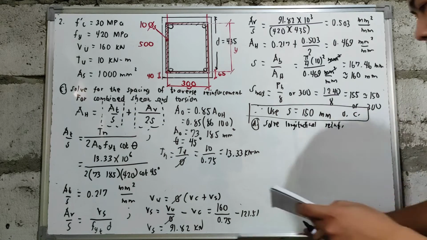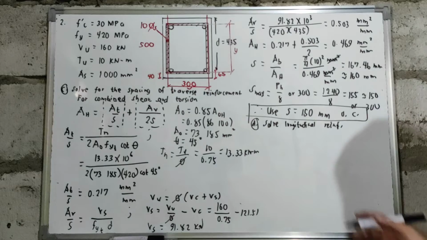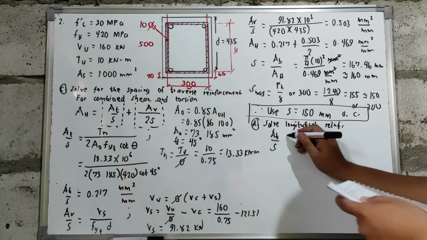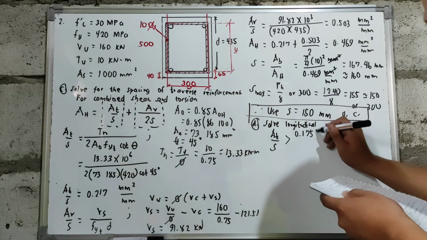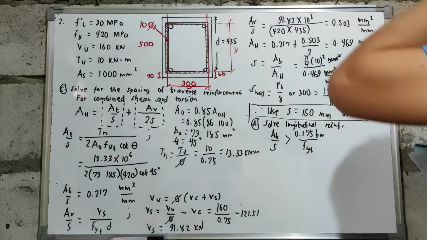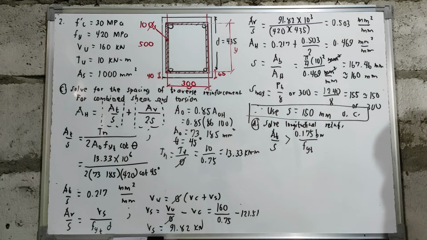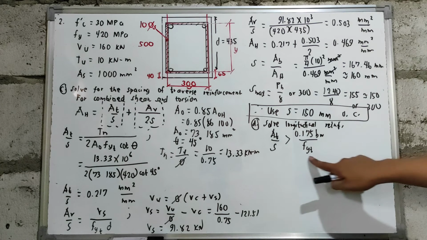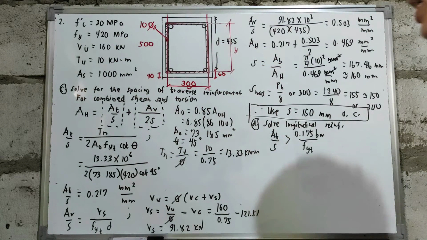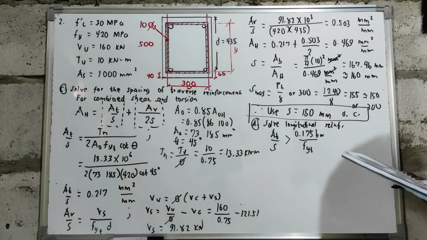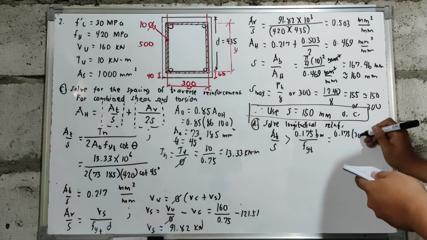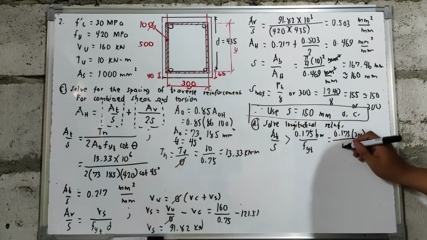To solve that, we first need to compare what we got from the torsion, AT over S, to the value of 0.175 Bw over Fyt. Our Fyt is 420. Usually the problem gives Fyt, and that is what we would use, but the problem did not state it, so we make do with Fy. So we have 0.175 multiplied by Bw of 300, over Fyt of 420.